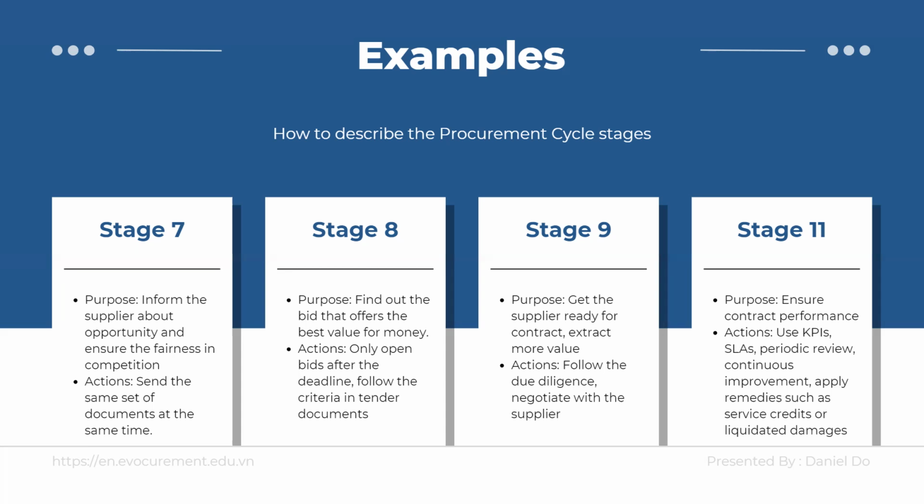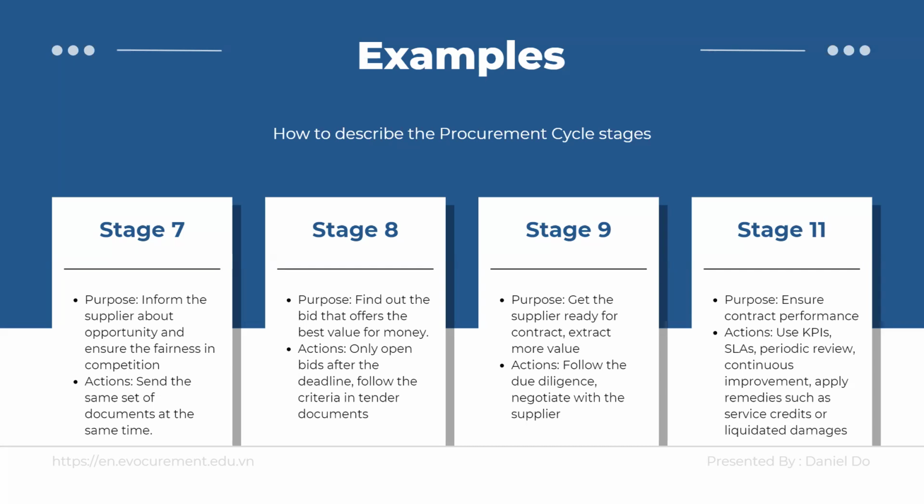Stage number 9 is contract award and implementation. Here, we want to conclude the contract and negotiate with the supplier to get a better result or better value for money. So the action here is to follow the process, follow due diligence, and negotiate with the supplier.